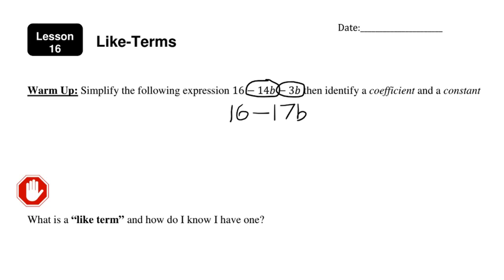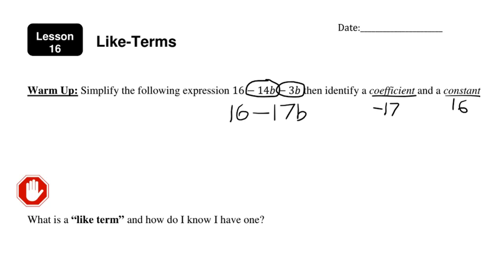So what is the coefficient? The coefficient in this expression, now that I'm done, because I cannot combine these because these are not like terms, my coefficient is going to be the number in front of my variable, which in this case is negative 17. My constant, or the number that is going to remain the same, constant, is going to be 16.